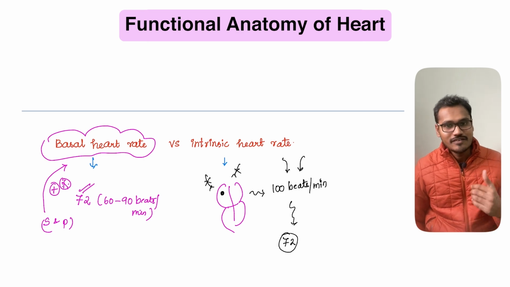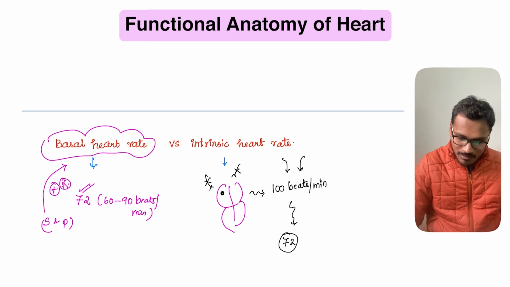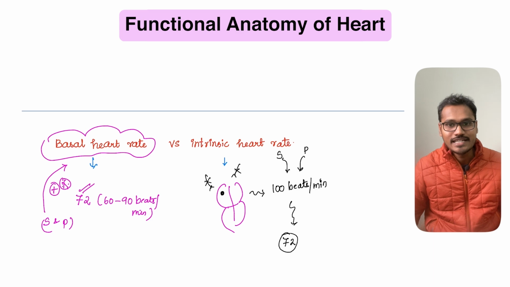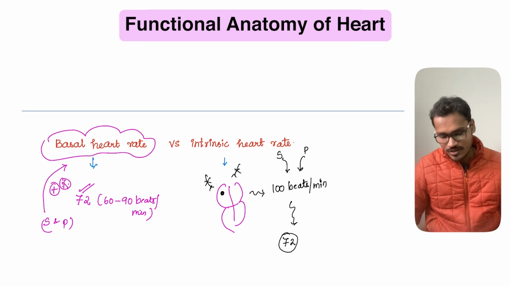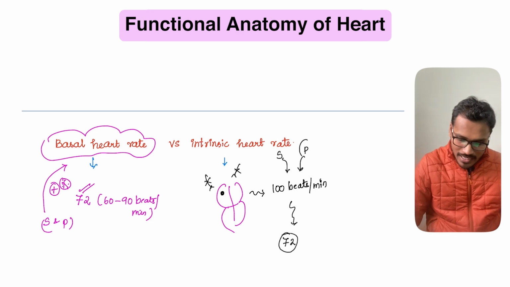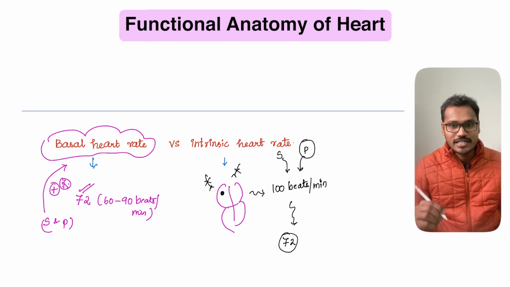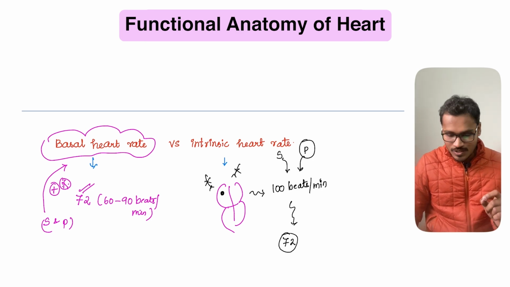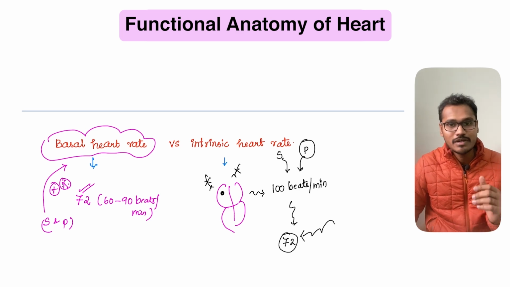Now tell me, which system has the ability to decrease the heart rate, sympathetic or parasympathetic? Obviously, the parasympathetic one is the one which is going to decrease the heart rate. After giving both the connections, the heart rate is down. So now tell me, the heart rate is maximally influenced by which system?